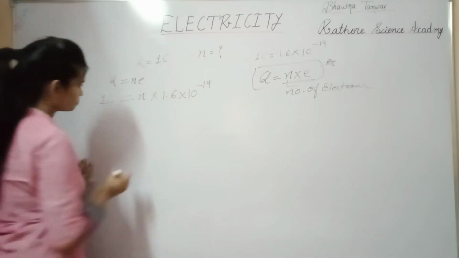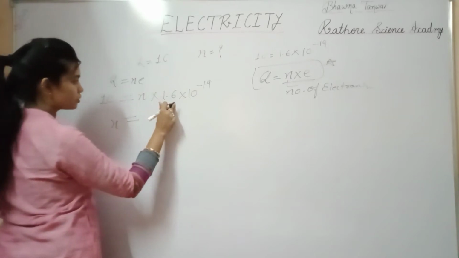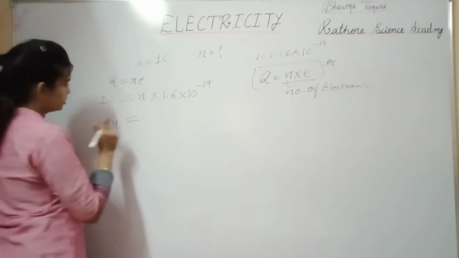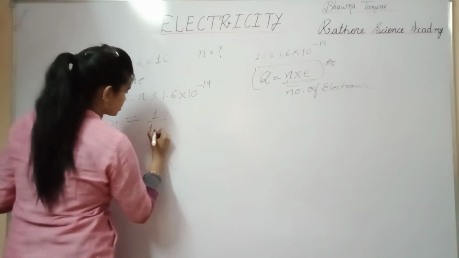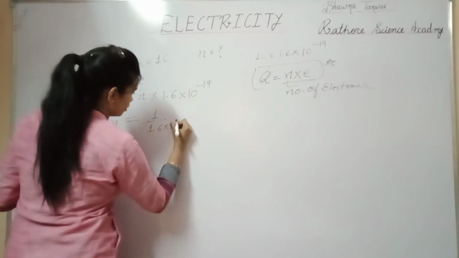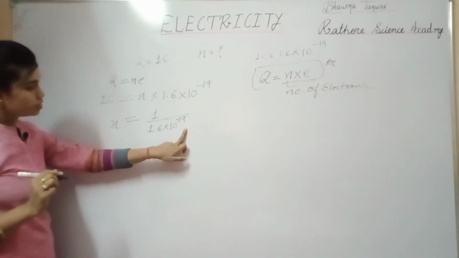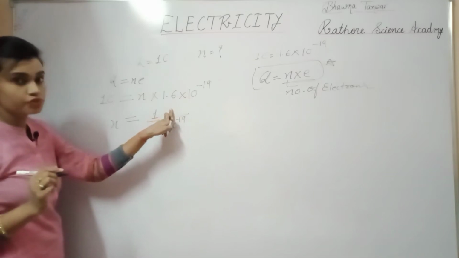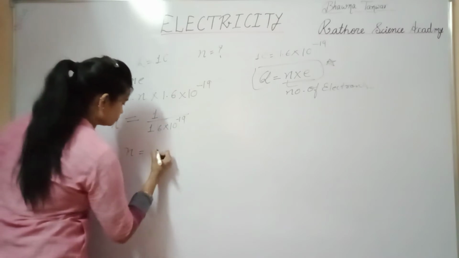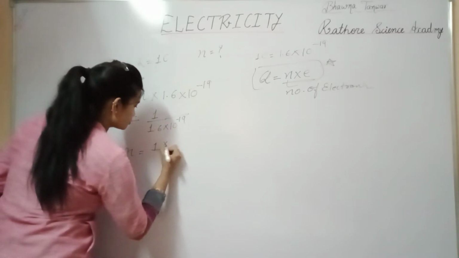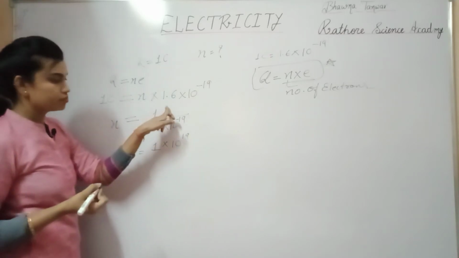Let us solve it, and this will go beneath. So N equals 1 upon 1.6 into 10 raised to the power minus 19. Now this minus 19 will go up and convert into positive. So N equals 1 into 10 raised to the power plus 19, upon 1.6.